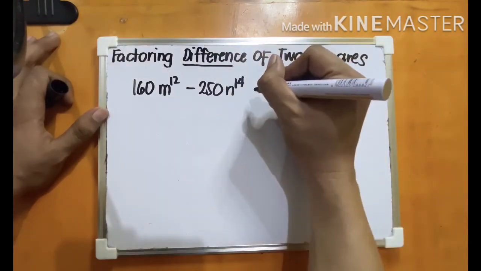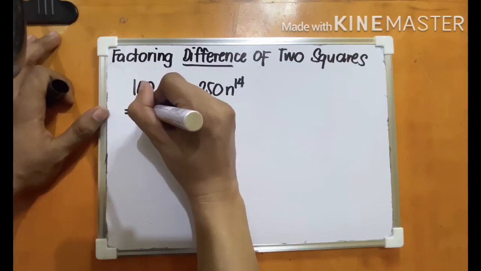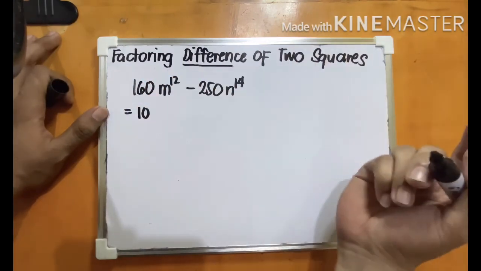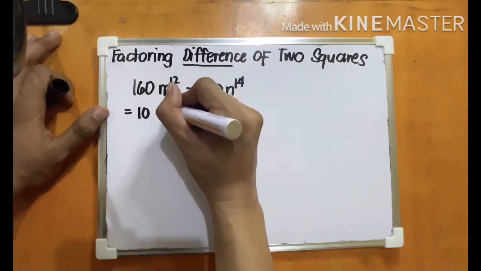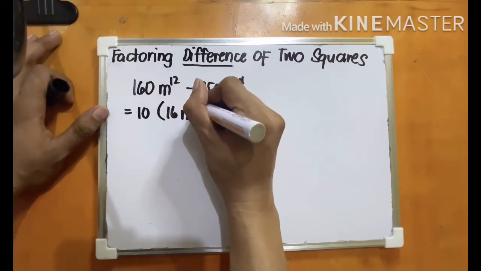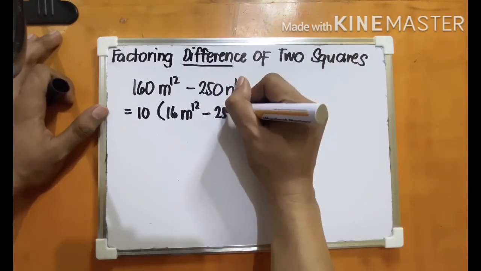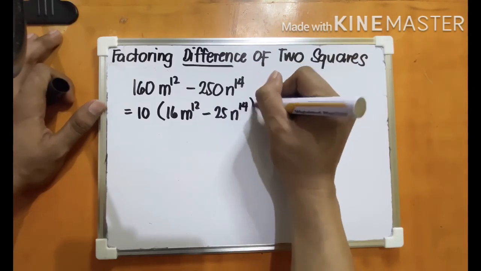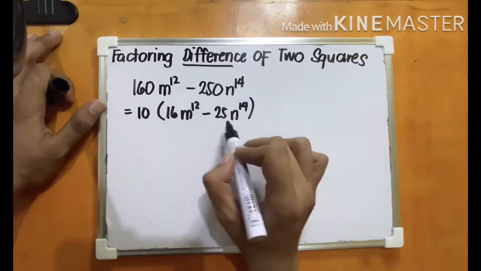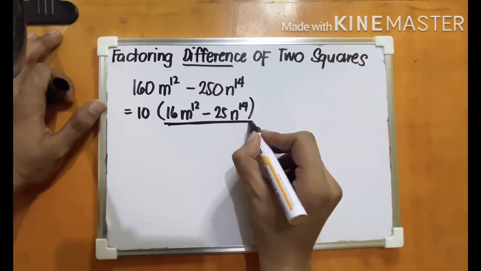So use the GCF, factoring the GCF. So factor out 10. So 160 divided by 10 is 16. Copy m¹² − 25n¹⁴ because 250 divided by 10 is 25. So now you can factor this one, right?